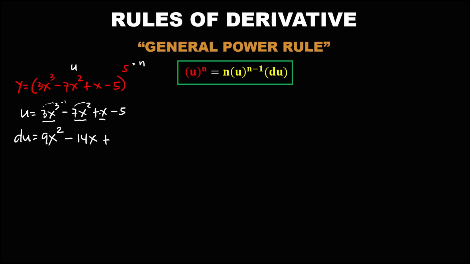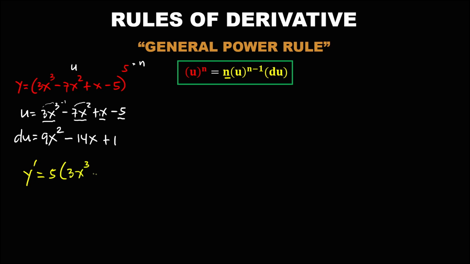Since we have one numerical coefficient, this is equal to 1, and this one is 0. So du is 9x squared minus 14x plus 1. Then to find the derivative, we have n is 5 times u.